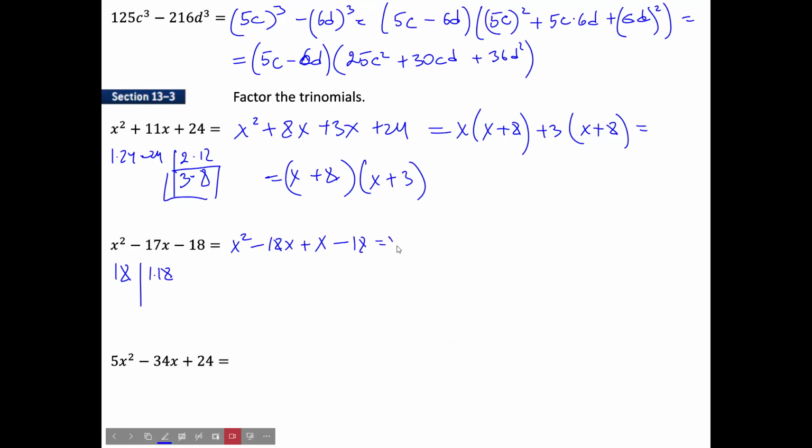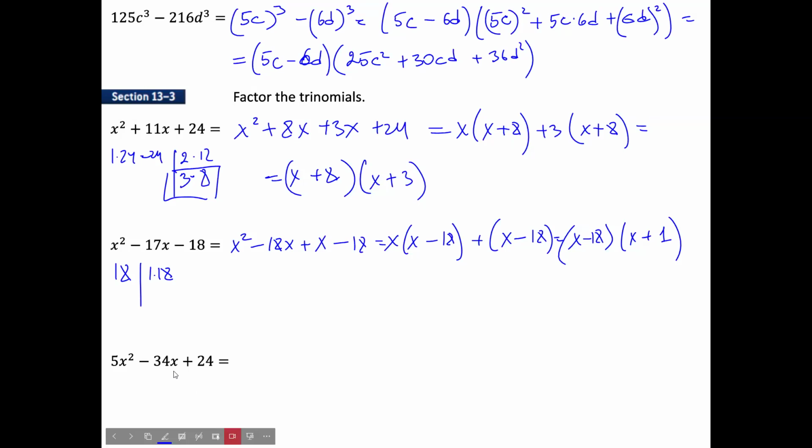Now pairing, x squared minus 18, oops, not squared, just x minus 18. And here I just pair them. x minus 18 is the common factor, so I am left with x plus 1. Good? Gentlemen.